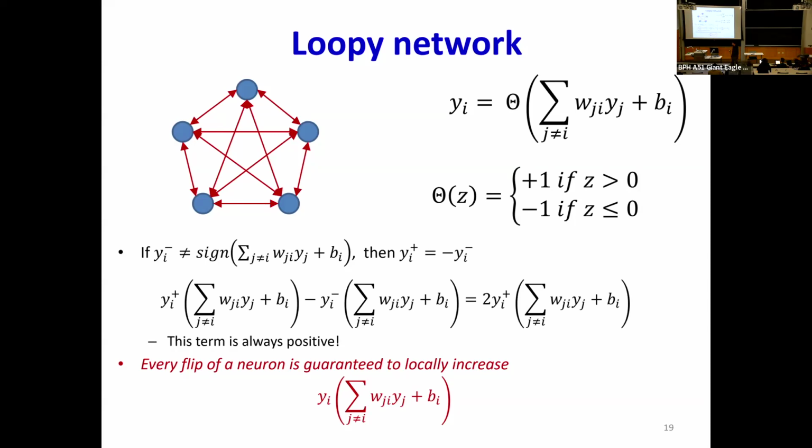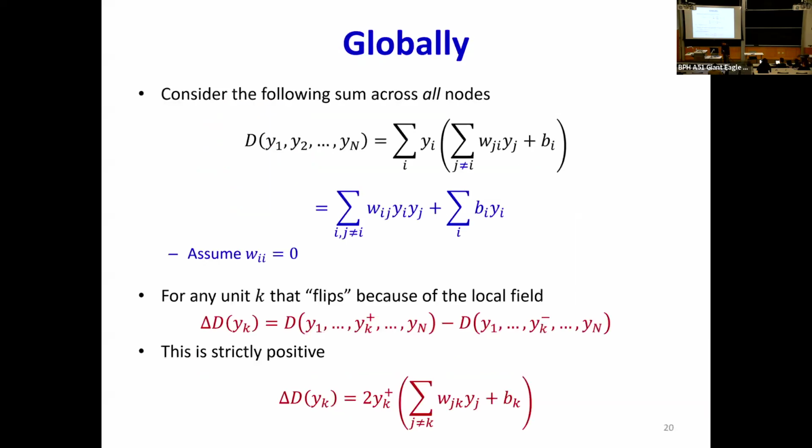Now, let me define a value D, which is the sum over all neurons of the product of the field of the neuron and the output of the neuron. By field I refer to the affine value.